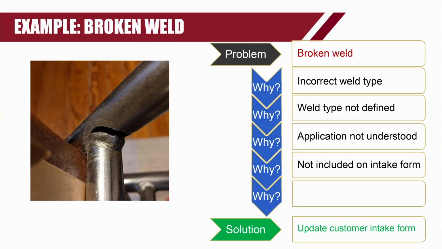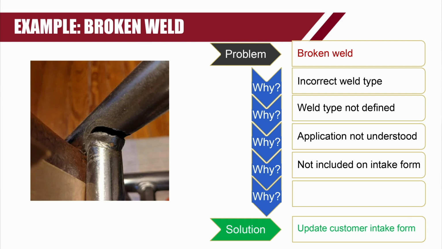Here is another example that we spoke about, a broken weld. So once again, we gather our team, we have our problem statement, a broken weld, and we ask why. Well, it was determined that it was an incorrect weld type. Why was it an incorrect weld type? Well, the weld type had not been defined. Why was the weld type not defined? Well, the application for this particular weld was not understood.